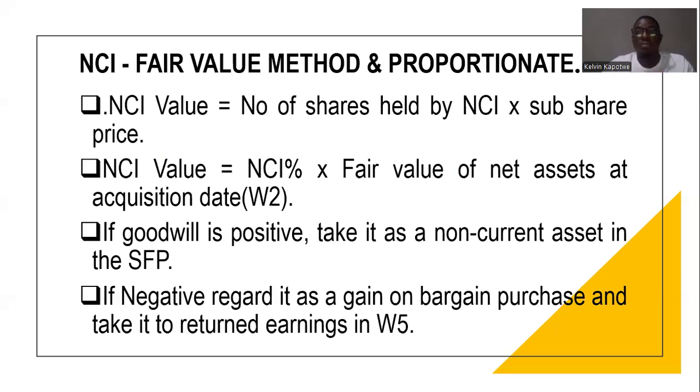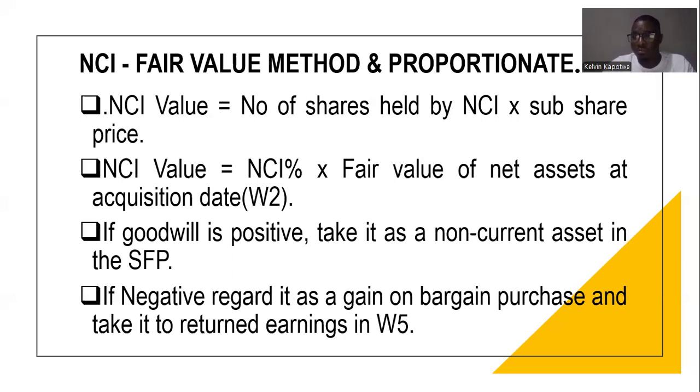If the question tells you that the NCI are determined at fair value, or the group uses the fair value method to determine the value of the NCI at acquisition, then the NCI value is going to be the number of shares held by the NCI multiplied by the subsidiary share price. The subsidiary share price that you're going to use is the market value.